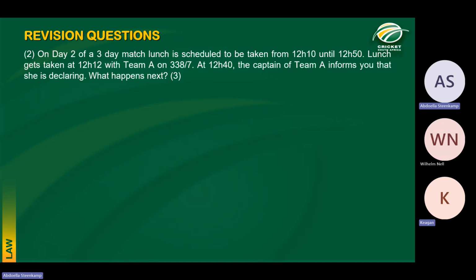Okay, at 12:40, the captain of Team A informs you that she is declaring. So, because you took lunch at 12:12 and you're supposed to start at 12:52 for the 40-minute lunch duration, the captain declares innings closed at 12:40.